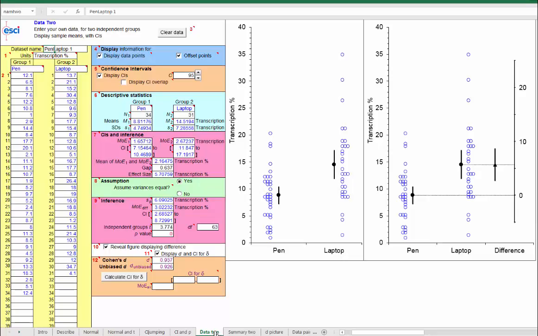Now Cohen's d is the effect size, so that's here the difference between the two means, about 5.7, divided by an appropriate standardizer. And for the independent groups, we use almost always the pooled standard deviation as the standardizer. That's the reasonable standard deviation to use as our unit for Cohen's d.